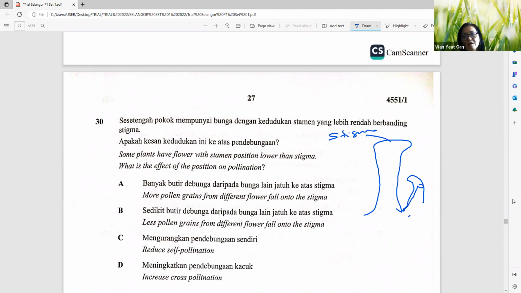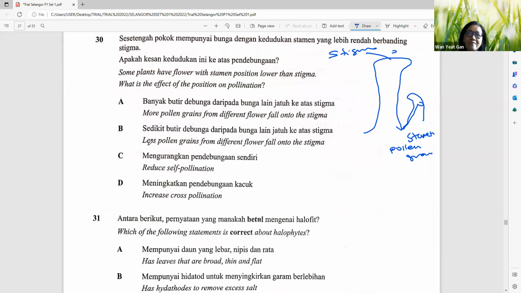This is the stamen, and you know that the stamen contains pollen grain, and pollen grain needs to drop onto the stigma before the germination of the pollen tube can occur. So what's the effect if the position of the stamen is lower than the stigma?